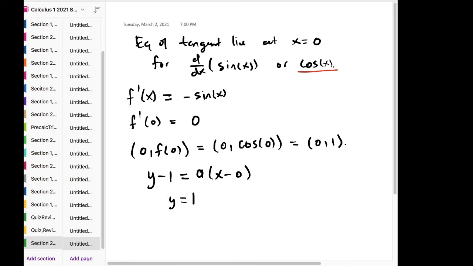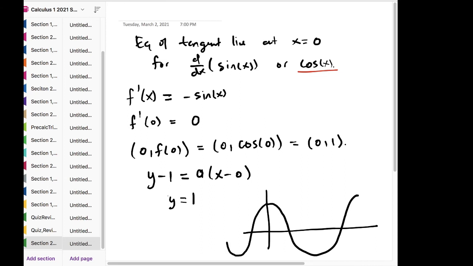And why is that not surprising? It's because that's where the peak of the mountain is, right?